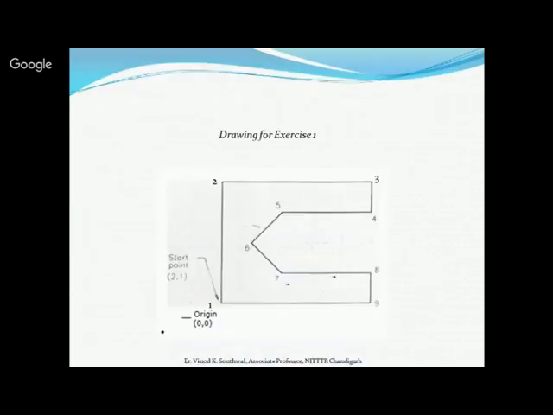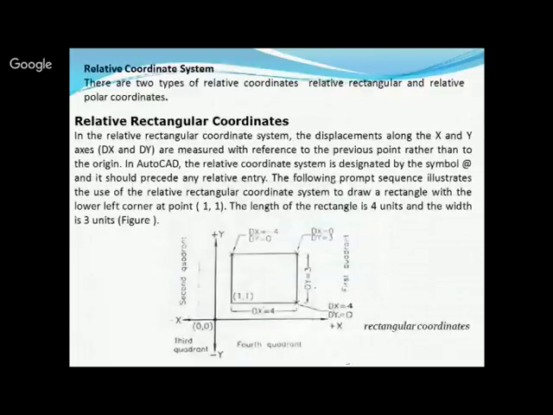Say if you want to draw anything with the help of the relative coordinate system. In case of the relative coordinate system, it will take the last point of your drawing as the reference, but the first point is going to be with respect to the origin.